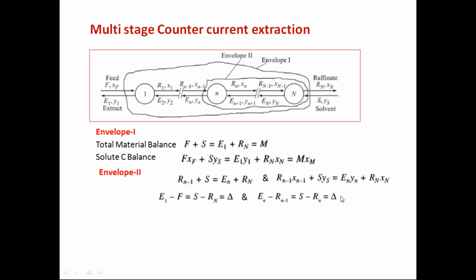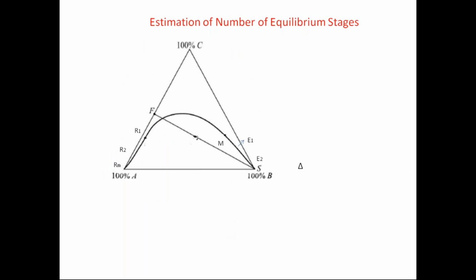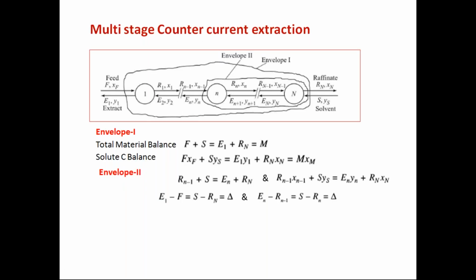So what is happening in each stage in a multi-stage countercurrent extraction? While they are meeting in the first stage, this much quantity is being exchanged between the two phases. That is how you should understand. And this will be very useful to us. How will it be useful? We will be using this delta for the estimation of the number of stages which are required.